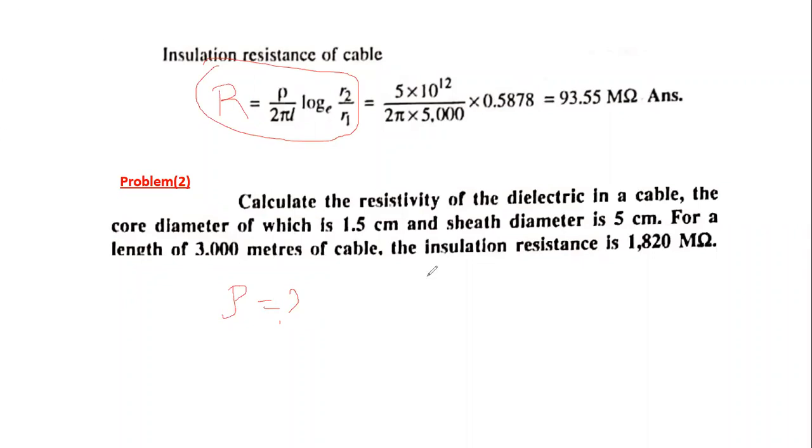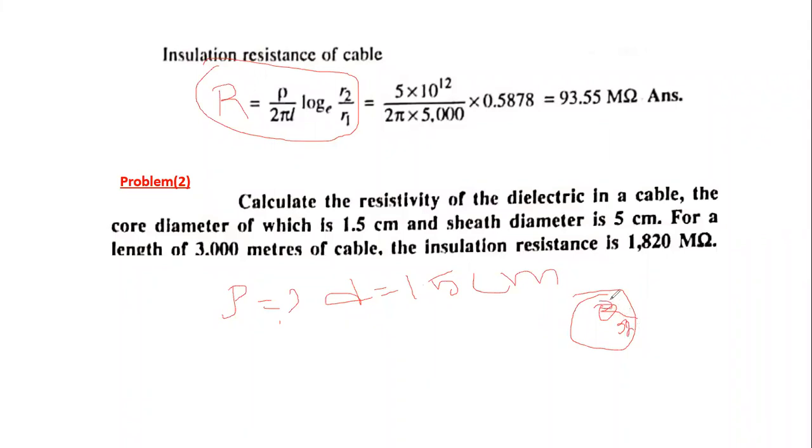The core diameter D is equal to 1.5 centimeters and the sheath diameter is 5 centimeters. This is the core radius, R1. This is the sheath radius, R2.